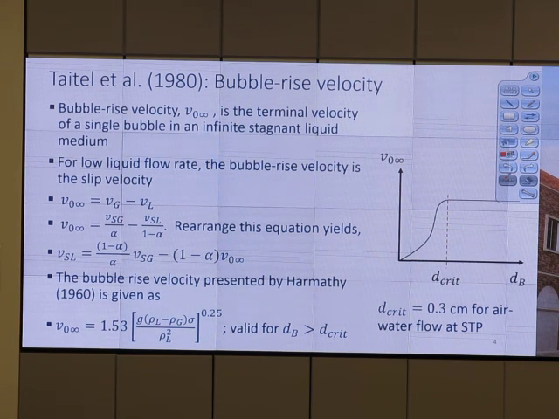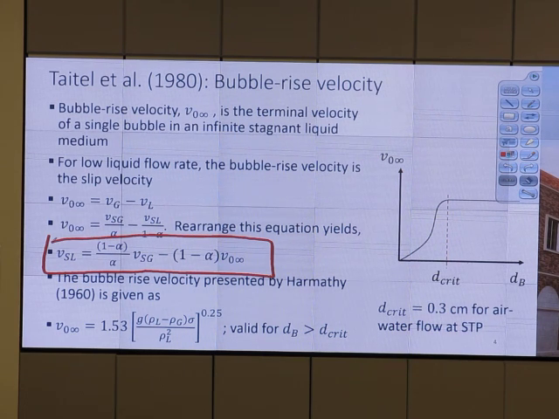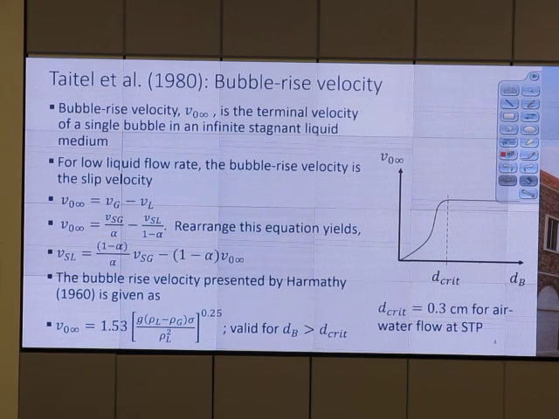So for low liquid flow rate, we have slip equal to Vg minus VL. Substituting alpha in, Vg is Vsg over alpha, VL is Vsl over 1 minus alpha. Rearranging, we get this equation. If we know VSL, VSG, and V slip, then we can calculate alpha. Or if we set alpha equal to 0.25, we can calculate other parameters.